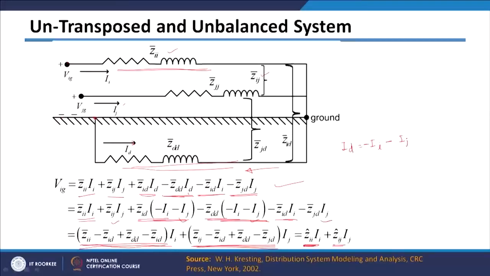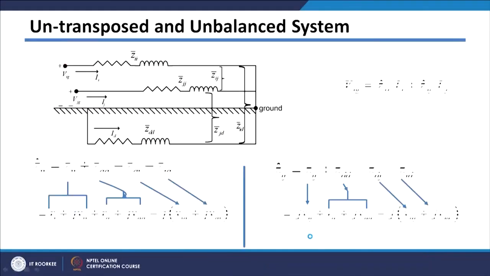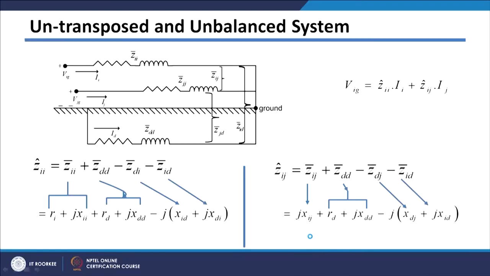Now, let us see what is the meaning of all these 4 impedances which you are adding. So, let us take only this term which is Zii cap, which will consist of 4 impedances which are shown in that figure. Now, Zii will consist of the resistance of the conductor plus the reactance of the conductor.